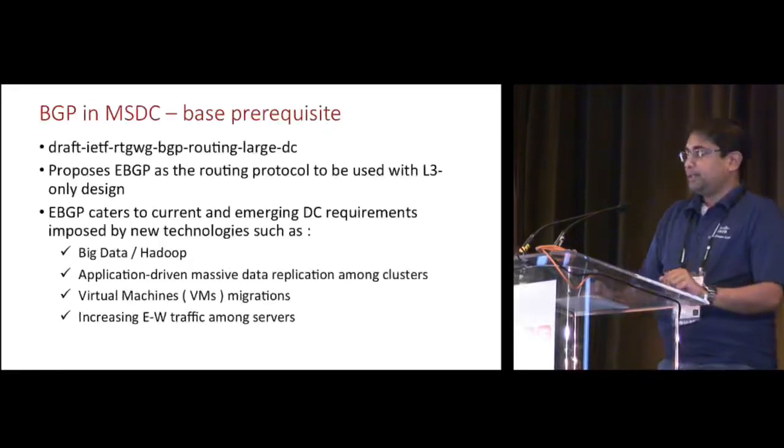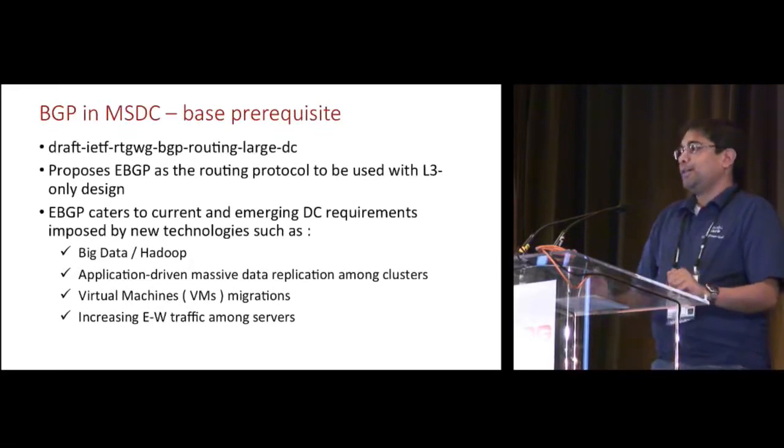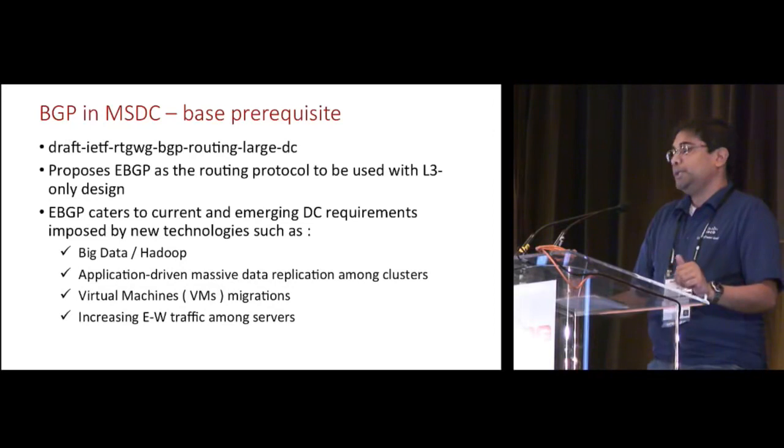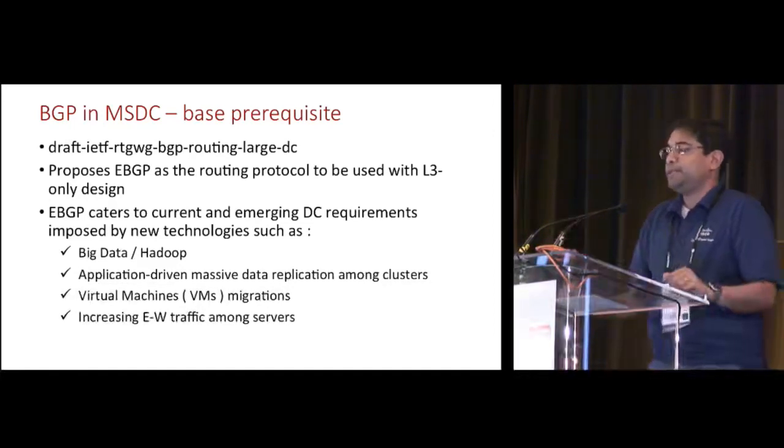And let's start. So the base prerequisite for the segment routing in data center proposal in this presentation is use of BGP in a massive scale data center. So a lot has been talked about it, and many massive scale data centers today are using mostly BGP. The key takeaway from this slide is basically how BGP came to a data center.